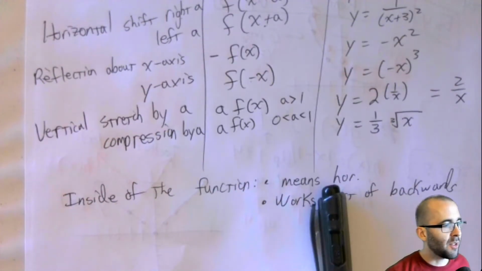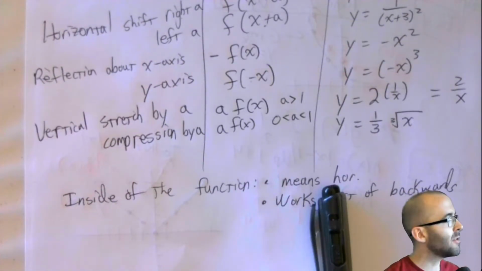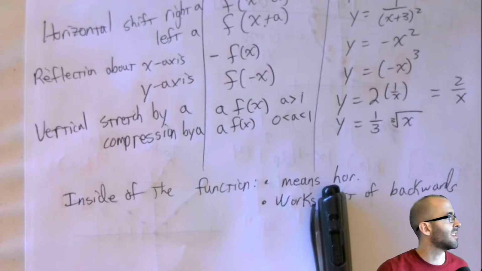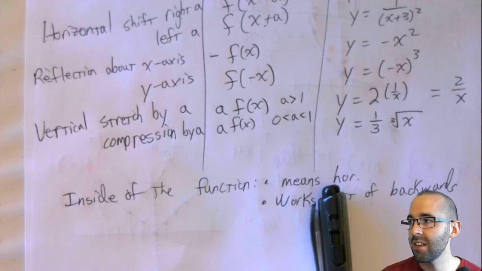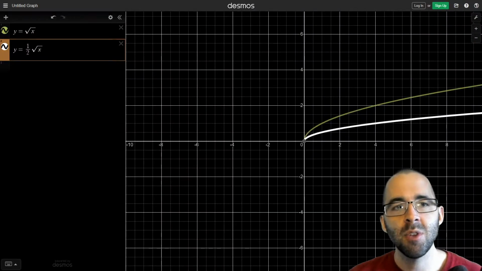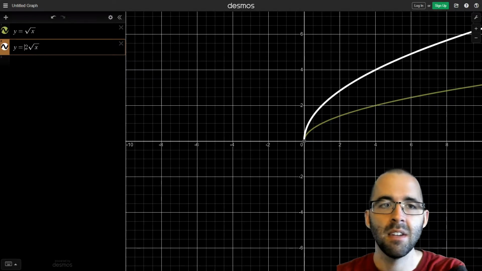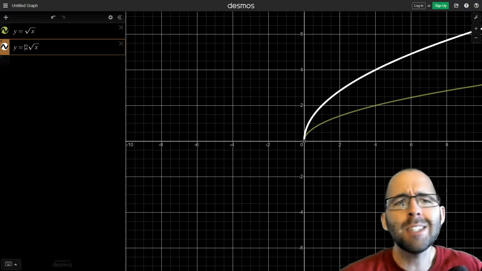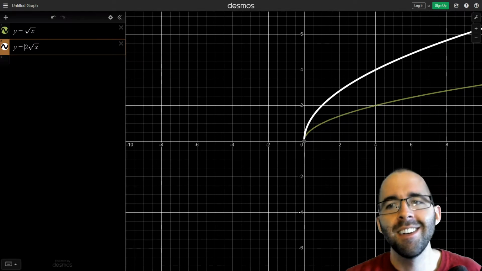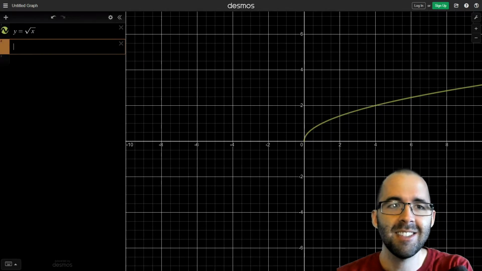And that leads us to the last transformations, the one everybody hates because they always get it flipped: horizontal compression and stretching. You might think, well, multiplying by a 2 on the outside stretches it vertically by 2, so multiplying on the inside should stretch it horizontally by 2, right? Well, let's see what happens.